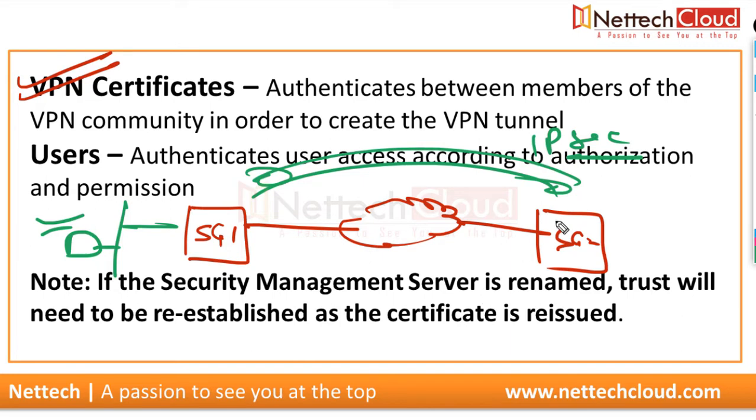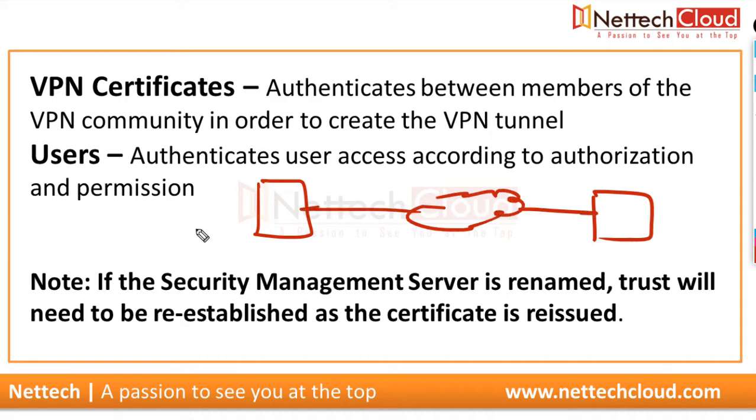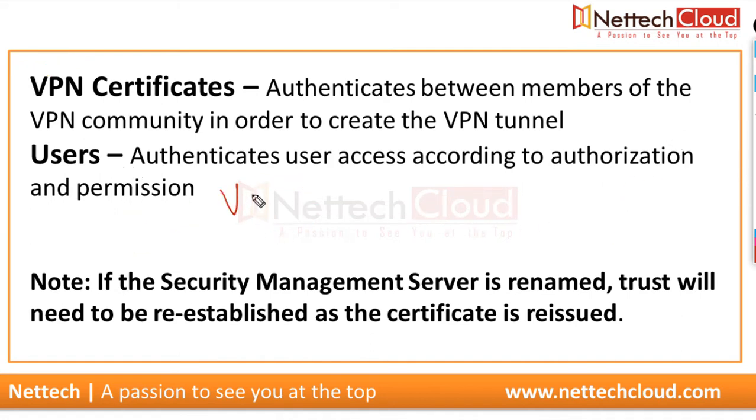If we want to use a pre-shared key, I mean the shared secret key for authentication, that is not possible in Check Point firewall if the VPN gateways are managed with the same Check Point management server, right? Then the digital certificate is the only method for VPN peers authentication.